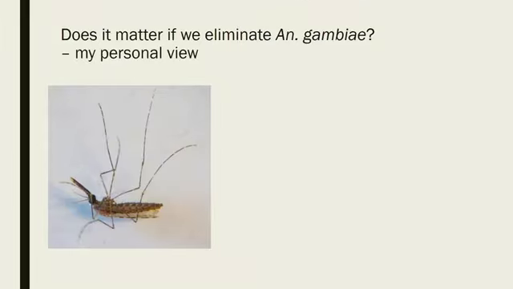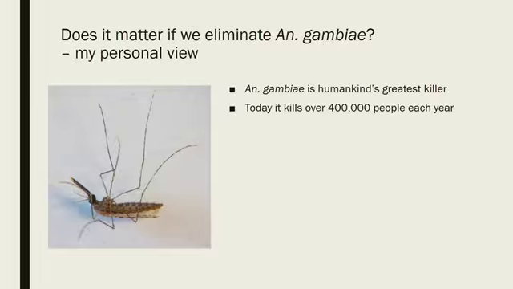So here's my own personal piece, because I think a lot of people are concerned about, well, if we go for the population suppression and we eliminate Anopheles gambiae, does it matter? And here's my personal view, not the view of the team. I want you to remember that Anopheles gambiae is humankind's greatest killer. When I started working in malaria 30 years ago, there were 2 million children dying each year from malaria. Today, there's 400,000.